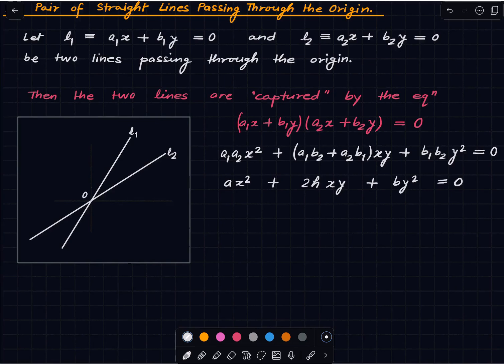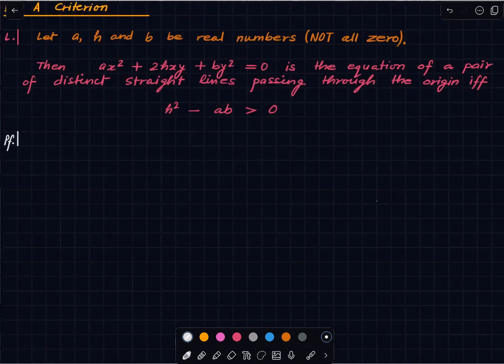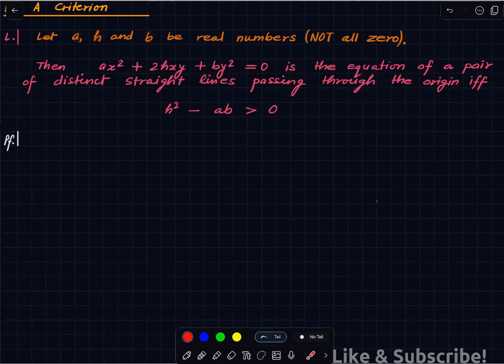Okay, so towards that we have this theorem. Suppose we have real numbers a, h and b, not all of them are 0. So some of them can be 0, but not all.